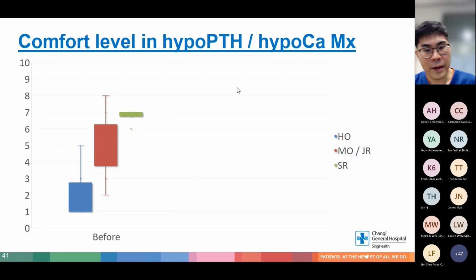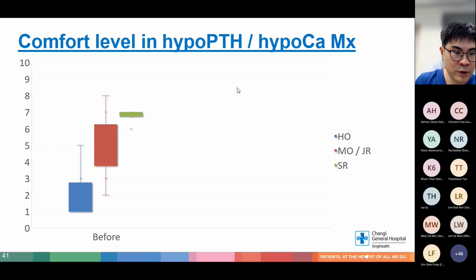Looking at it, this is the scores that we have. Before using the workflow, 0 is being not comfortable in managing hypocalcemia, 10 being that they are very comfortable. And as expected, if you look across the years of experience, the more senior you are, obviously the more comfortable you are in managing hypocalcemia and hypoparathyroidism.